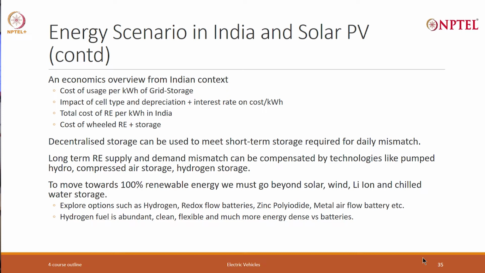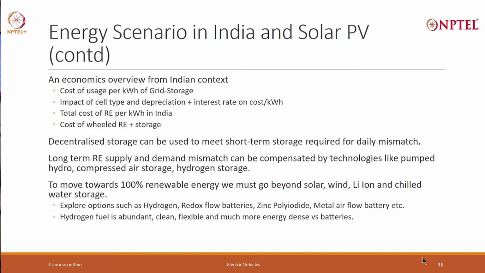Total cost of renewable energy per kilowatt hour in India, cost of wheeled renewable energy plus storage. We will talk about how decentralized storage can be used to meet short term requirements for daily mismatch. Long term renewable energy and demand mismatch can be compensated by technology like pumped hydro, compressed air, hydrogen storage. We will give you a much better picture of that.